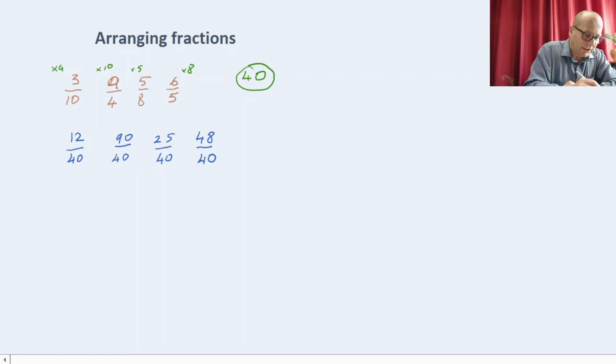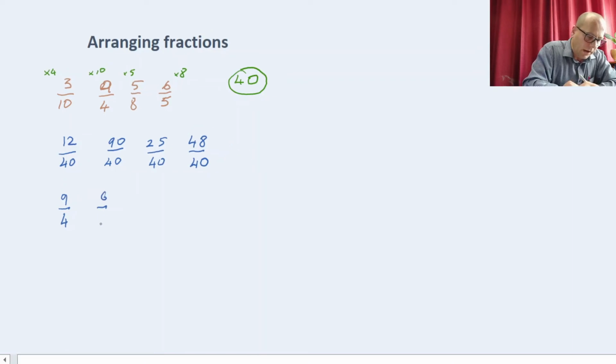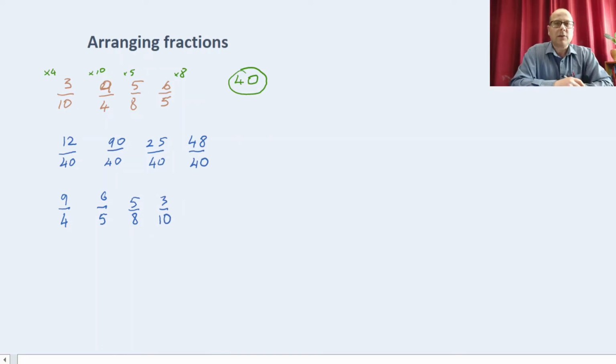Of course, rearranging them, the first fraction is 9 over 4, because that's the largest one. And that's the second largest, 6 over 5, 5 over 8, and 3 over 10. So that is starting with the largest.